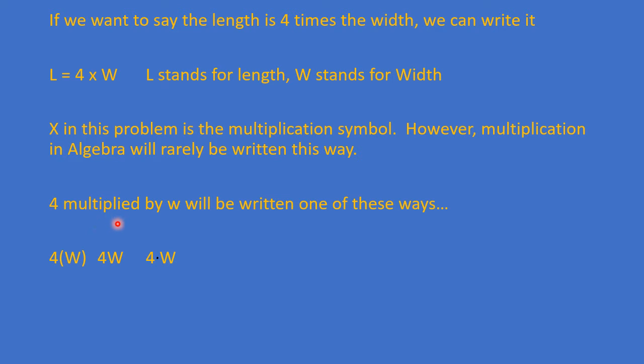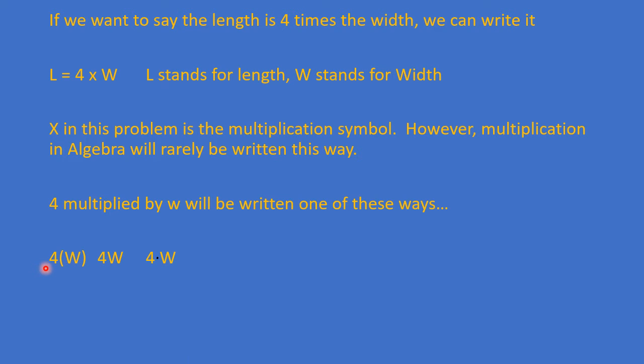Normally we would write 4 times W, but we won't write that anymore because that's really confusing, because that could be 4xW with x being a variable, and you really don't know that. So you won't see that written that way.